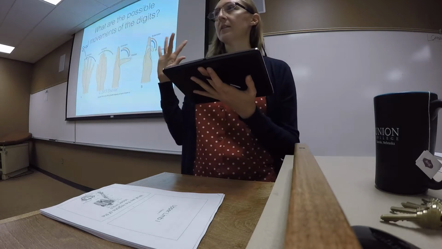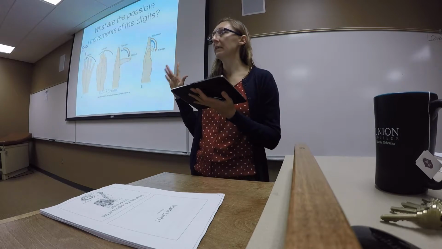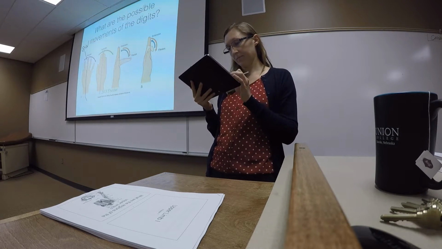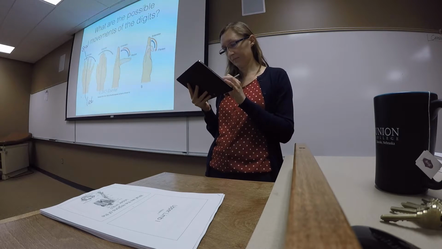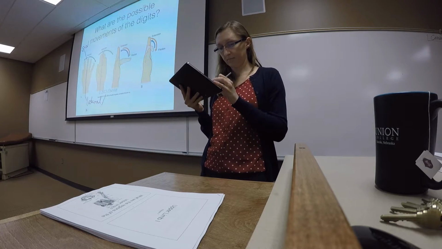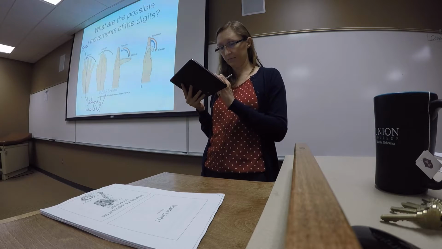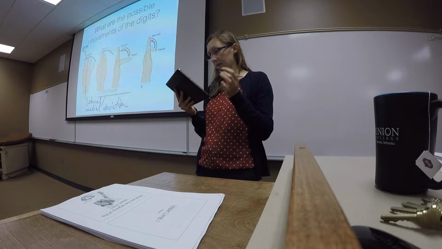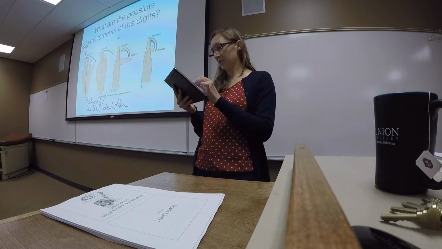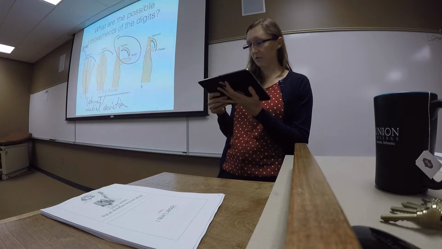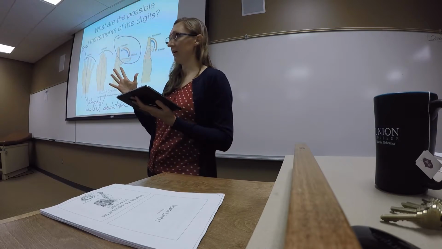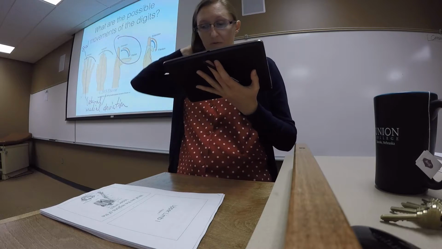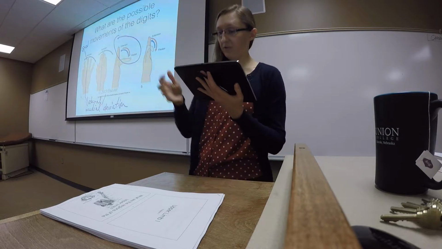And the third digit itself is laterally or medially deviated. Okay, and then of course we have extension and flexion of the fingers, so the digits, and that can happen at any of those joints within the digits, so the metacarpophalangeal joint or the interphalangeal joints.